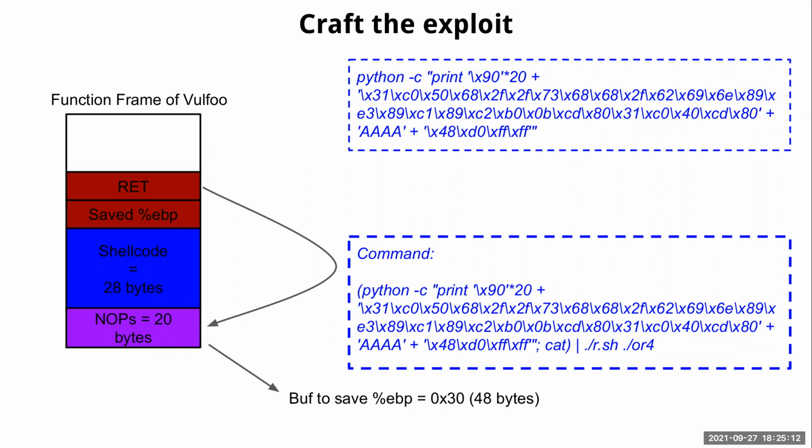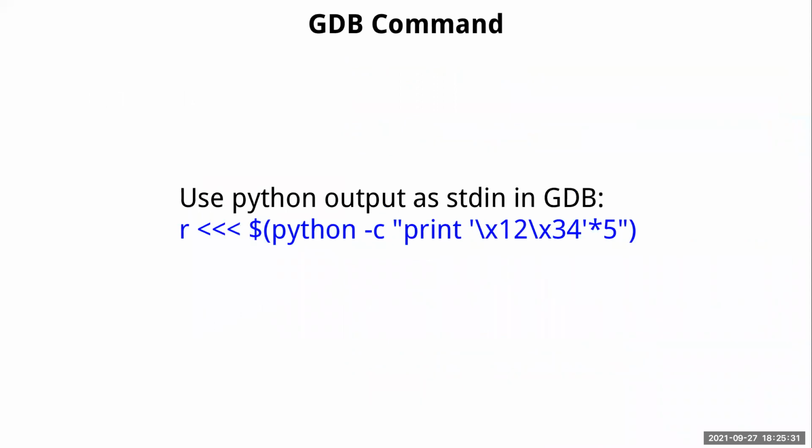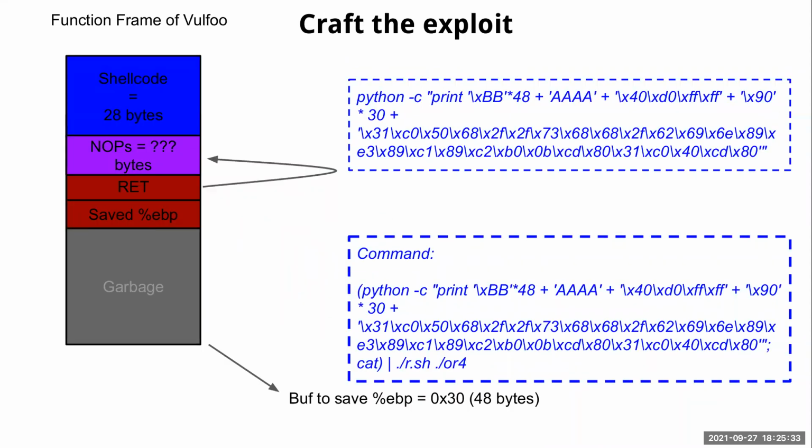Those 48 bytes, actually 52 bytes, we're not going to use. We go to the return. After return, we have a huge slab, then after the huge slab, we have the shellcode. In that case, the chance we hit that will be much higher. Something like this.